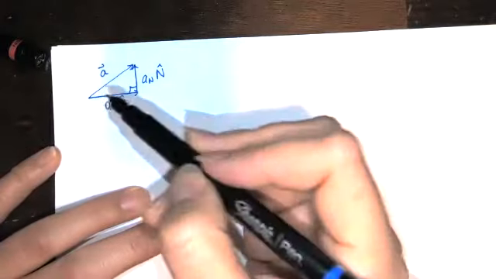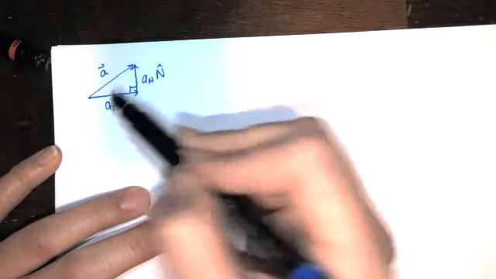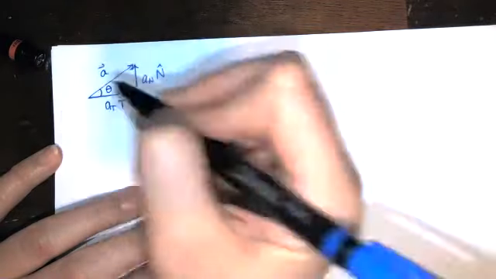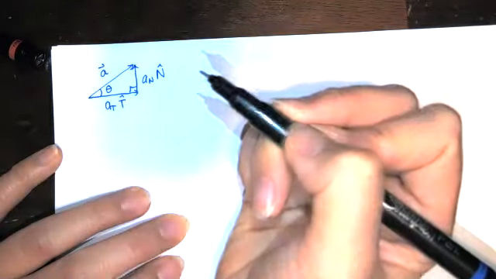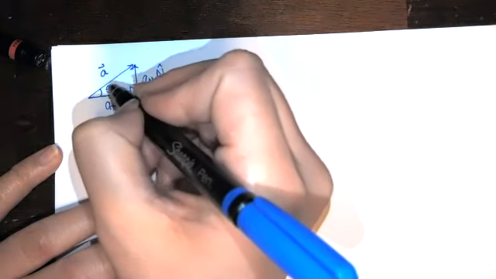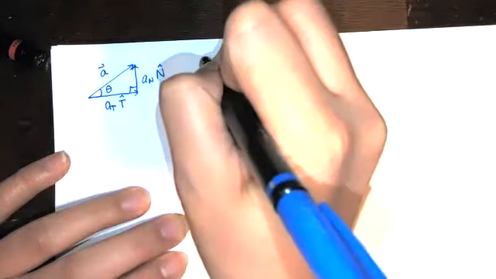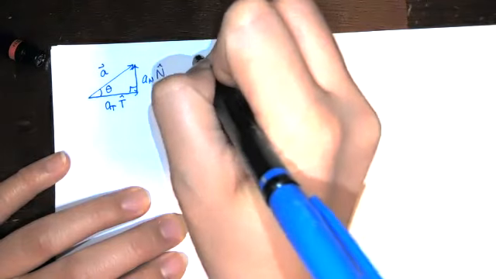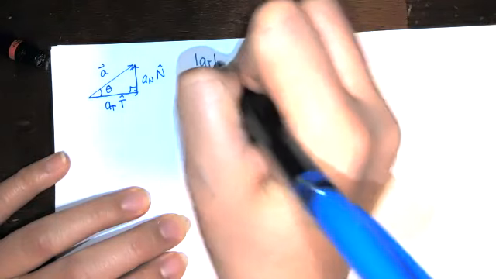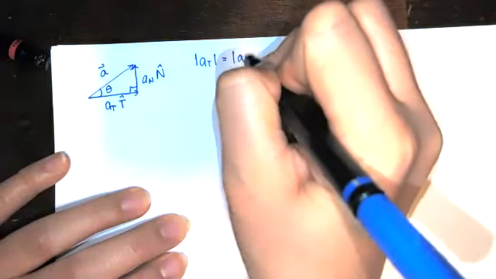Now, if I am trying to find a sub t, and I know the acceleration vector and the tangent vector, or excuse me, and I know the magnitude of the acceleration vector, a sub t, that's the magnitude of this side, or let's just say the absolute value of a sub t is going to be given by the hypotenuse.